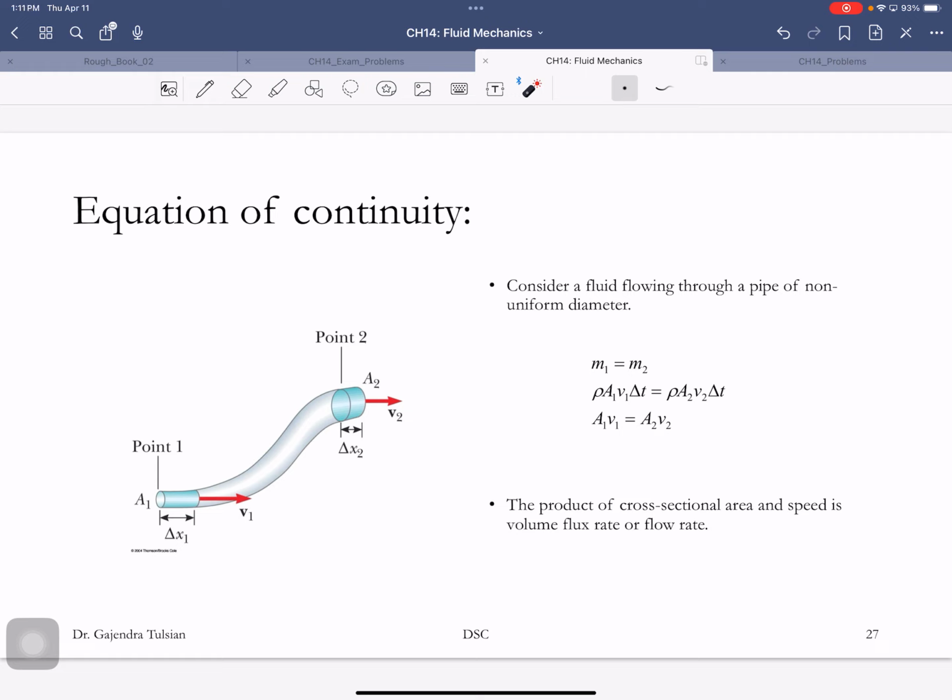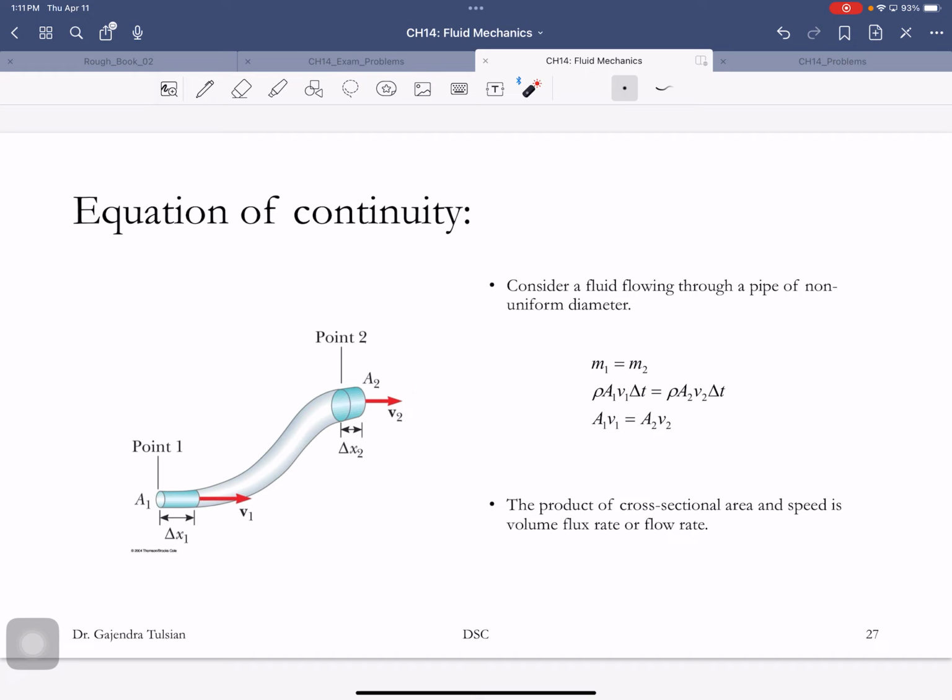The first equation we'll study is the following. Here's a pipe where you can see that the width of the pipe is changing, the area of cross section is changing. If the fluid is incompressible, let's say 10 gallons a minute flow in here, and there's no leak in the pipe, how many gallons are flowing out? 10 gallons a minute.